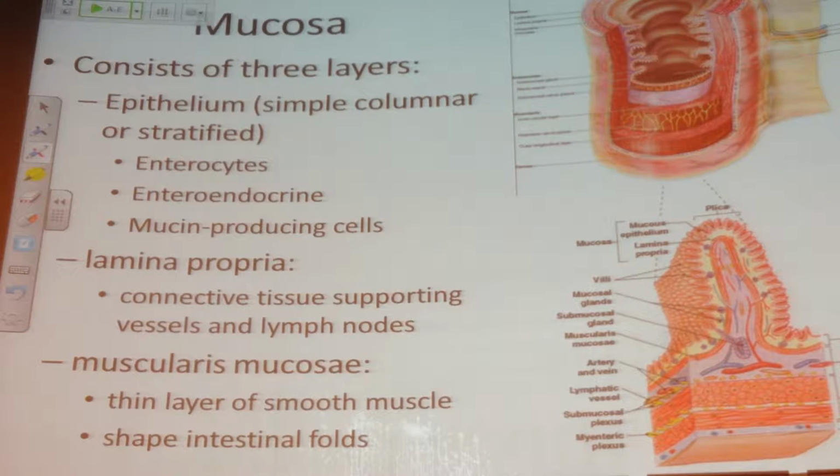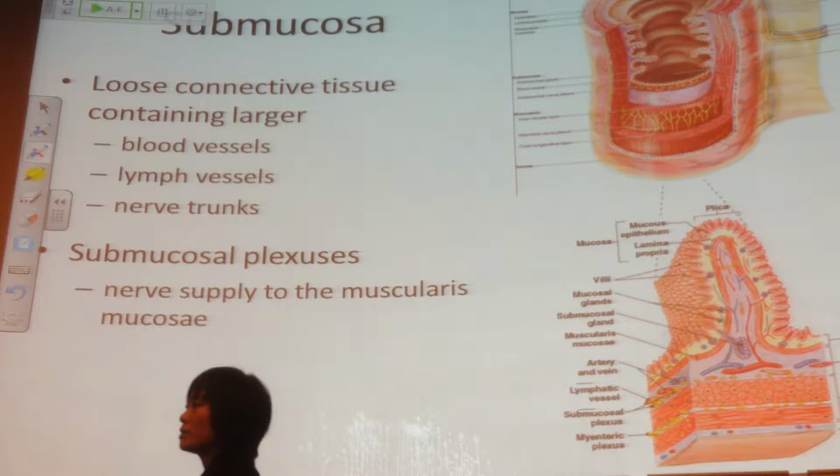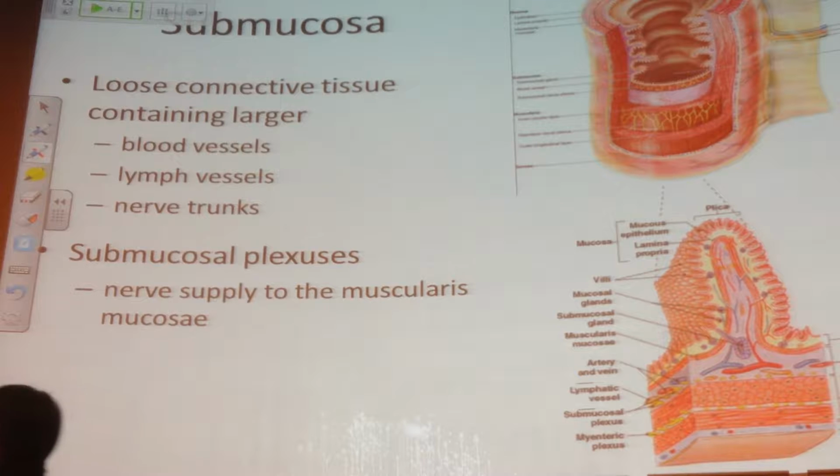And then you can visualize them by thinking about the function. The submucosa is a little bit away from your lumen. Now, what do these submucosa need to do, and what kind of structures do you find there? Larger, bigger vessels, and also more lymph nodes.